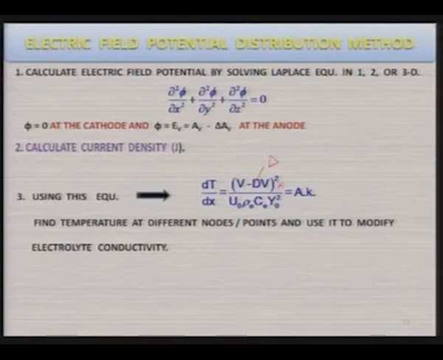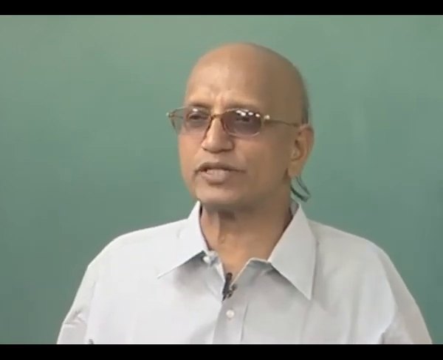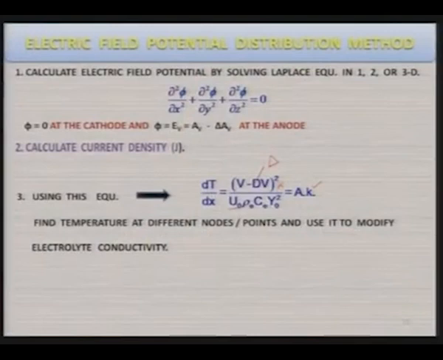Except k, all other terms can be considered as constant in a very small area or zone, because when you are using the finite element method, finite difference method or boundary element method, the size of the elements is very, very small, say less than a millimeter. Then in that small element and for a very short period, say less than a second, the change in the electrolyte flow velocity U0 will be negligible.